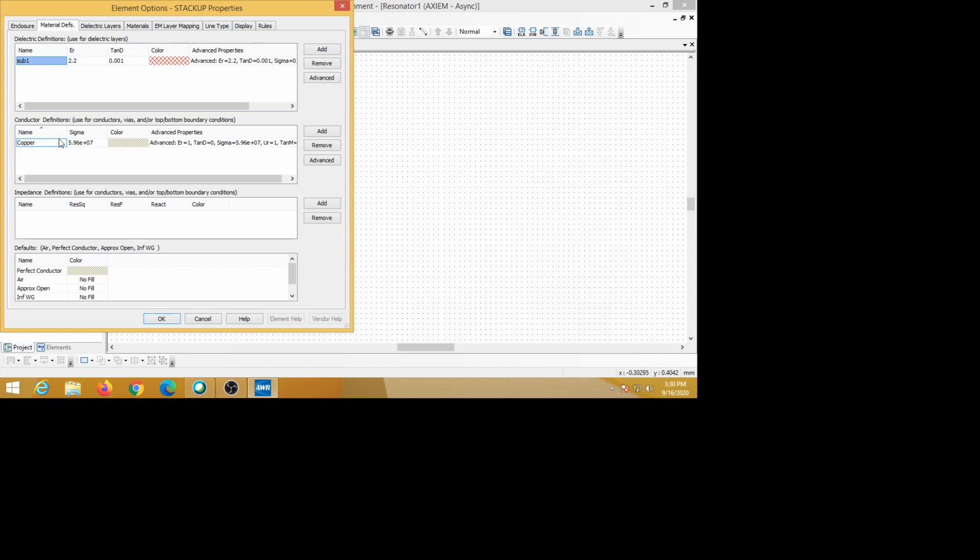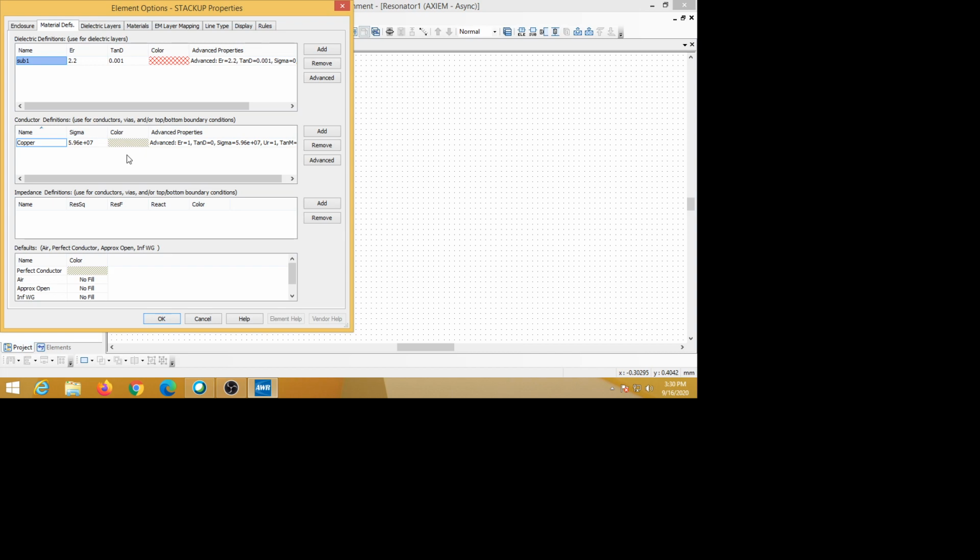Here we have done the substrate dielectric material definition, and the conductor properties definition. This impedance definition we are not doing, so do not do anything over this. Okay, we are only using these two materials, dielectric material and conductor material, because in the substrate there is a metallization, top and bottom, and in between there is a dielectric material.